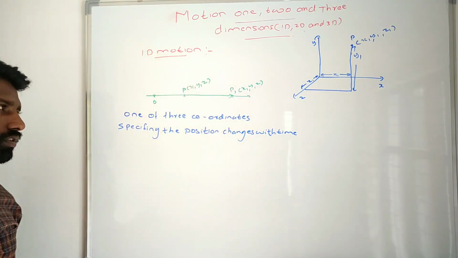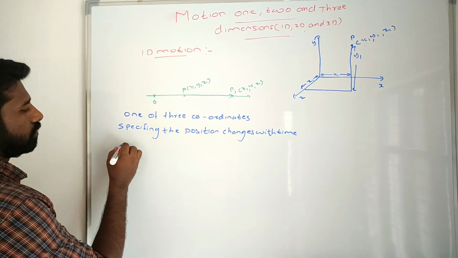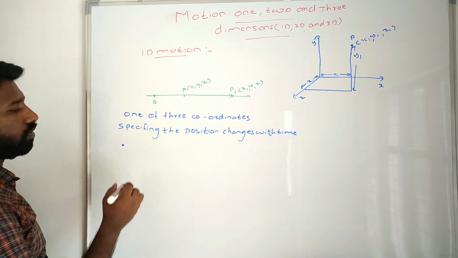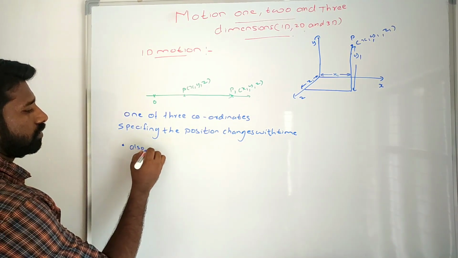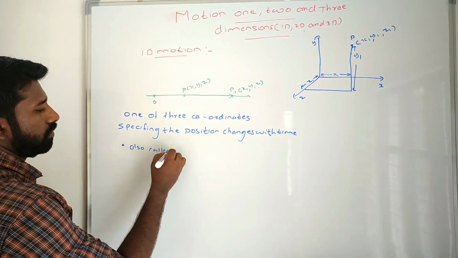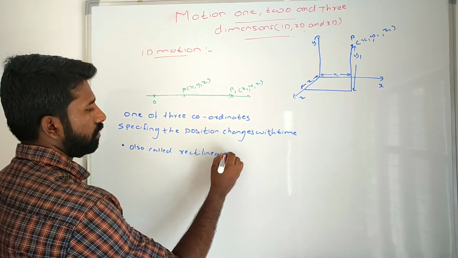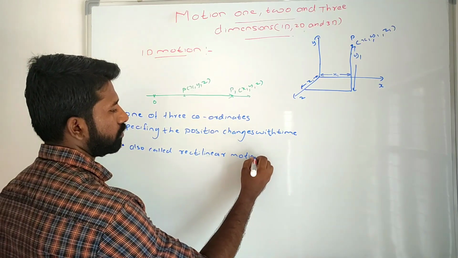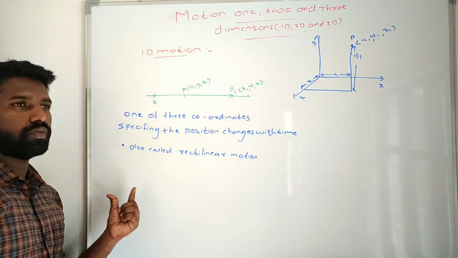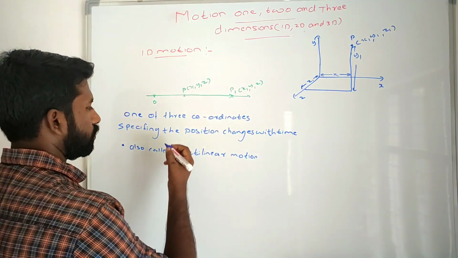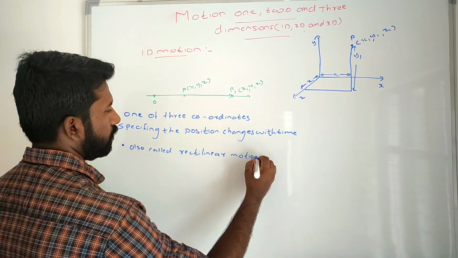Only one. This is also called straight line motion, or rectilinear motion. Linear motion. In a 1 dimension motion, the object is moving in a straight line. So it is also called rectilinear motion.